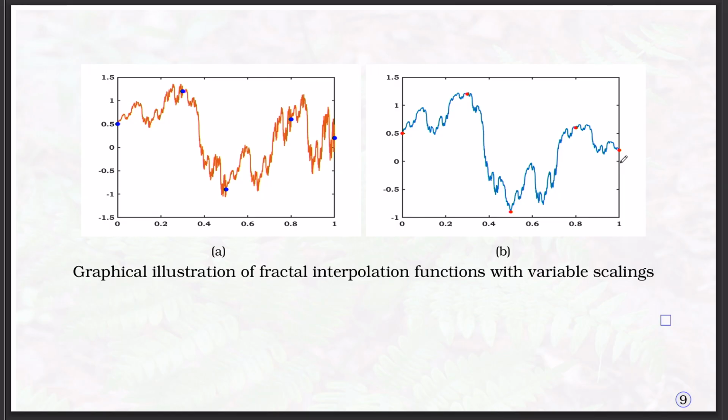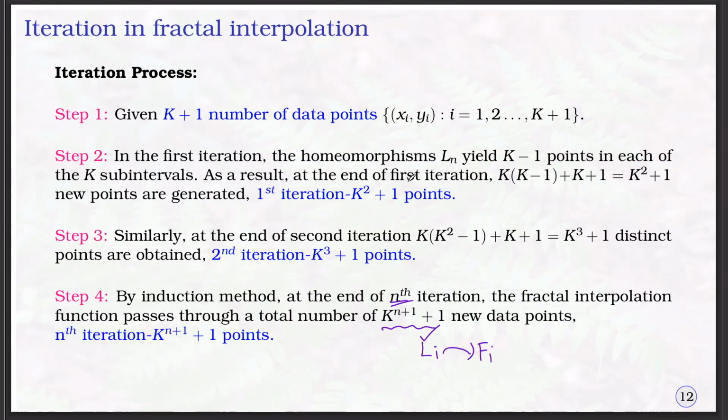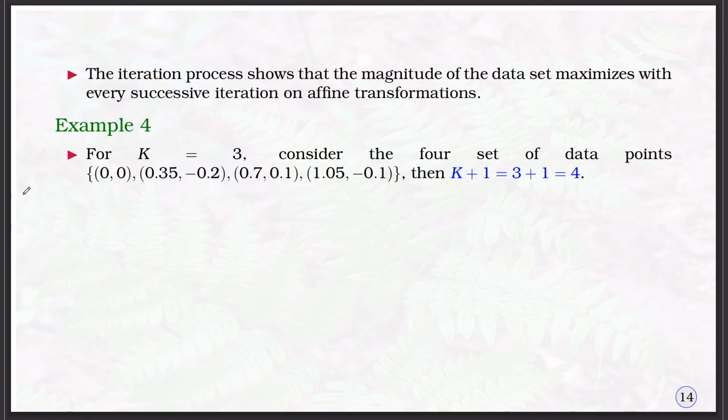This one is just a stationary point. Whenever you keep on increasing the iterations, you will get finer structures. Now, I can explain with a simple example. The iteration process shows the magnitude of the data set maximized with every successive iteration of the affine transformation.